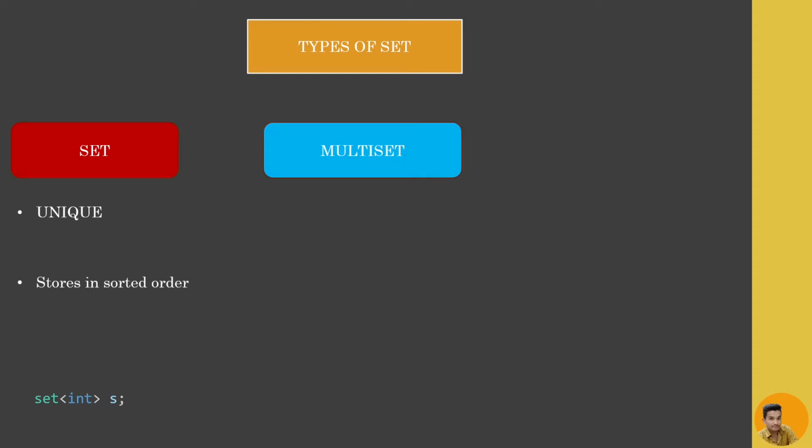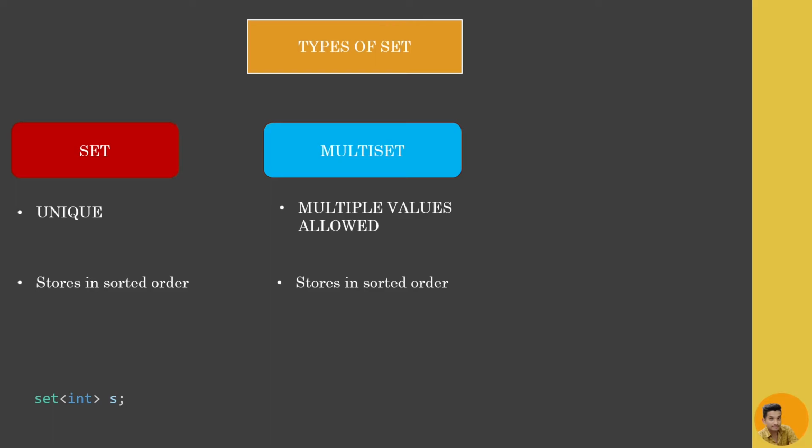Now comes the multiset. It is also a type of set. Multiset, as the name says, multi, is going to allow multiple values to be stored. So there is no concept like only unique elements will be there. It is going to store multiple values. It is also going to store in a sorted order.